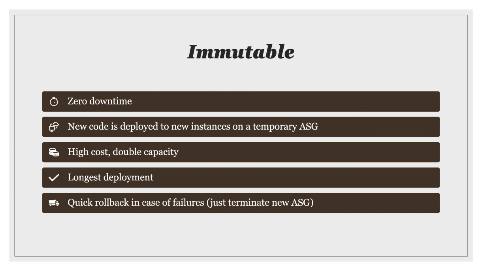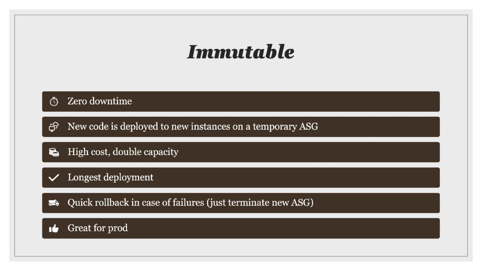If the new application version is not working properly, then you can just terminate that new auto-scaling group, and retain your existing one. And this is great for production environment.